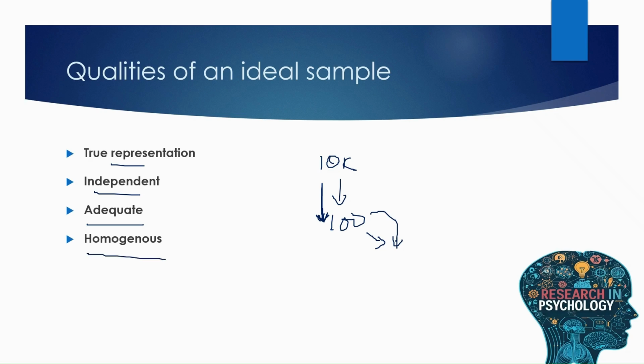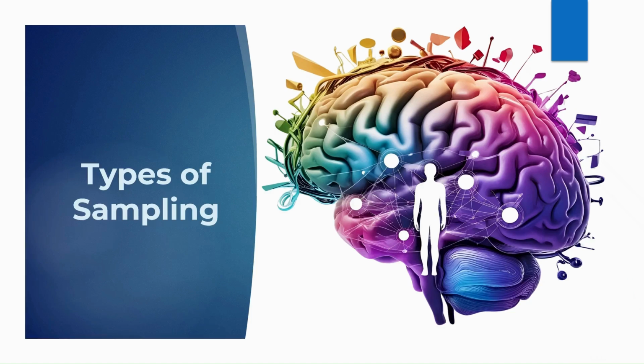Finally, homogeneous. The sample has to be homogeneous with the population. So whatever characteristics are exhibited by the sample, the same characteristics should be exhibited by the rest of the population also, right? So there should be less variability and high homogeneity. These are the 4 qualities of an ideal sample.